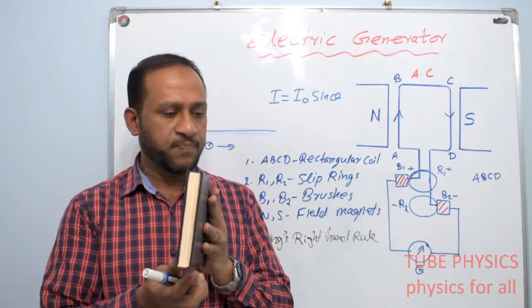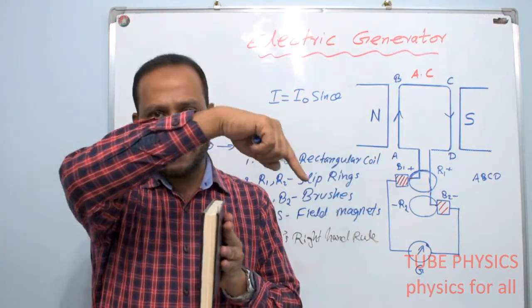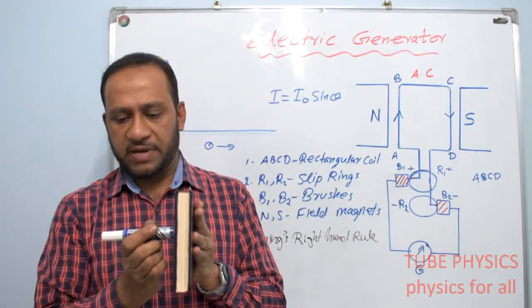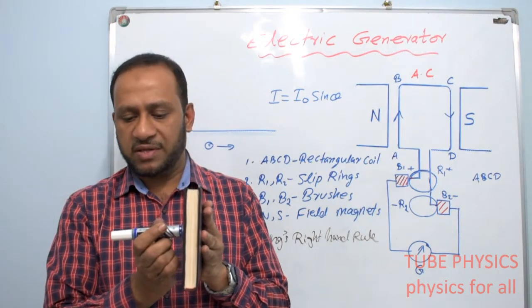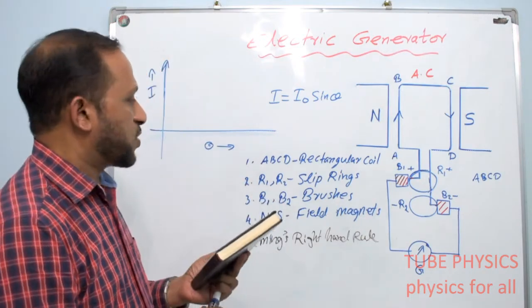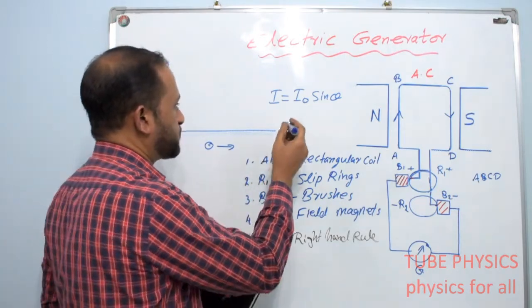The direction of magnetic field is from north to south this way, and the normal to the coil is also in the same direction. So both are in the same direction, and the angle theta equals 0. So at this orientation of the armature, theta equals 0.